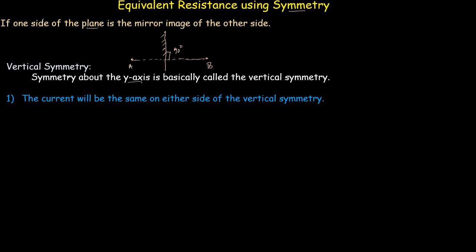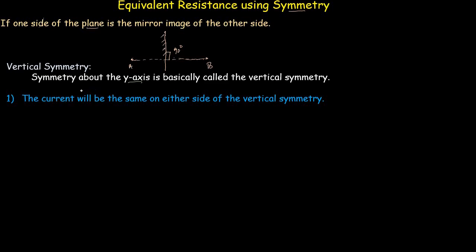Or from the mathematical point of view, symmetry about the y-axis is called the vertical symmetry. Now for complex circuits, there is a rule which we use, which states that the current will be the same on either side of the vertical symmetry. So this point will be easy for you after some time.